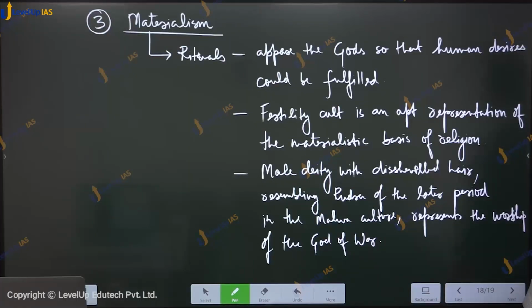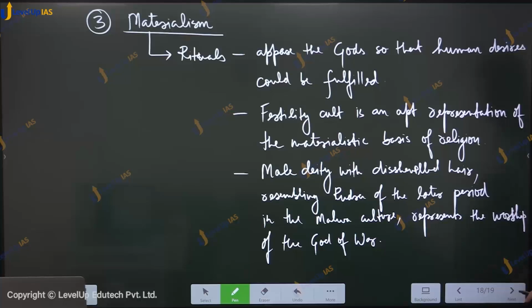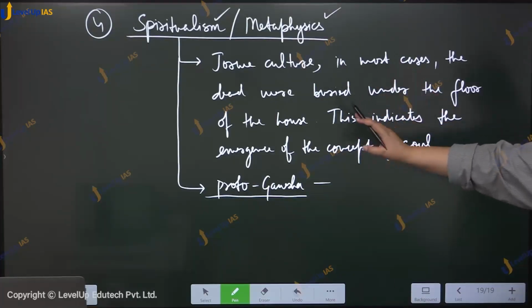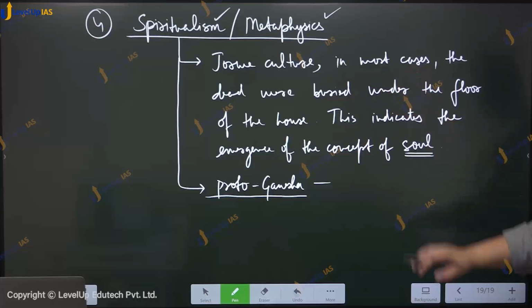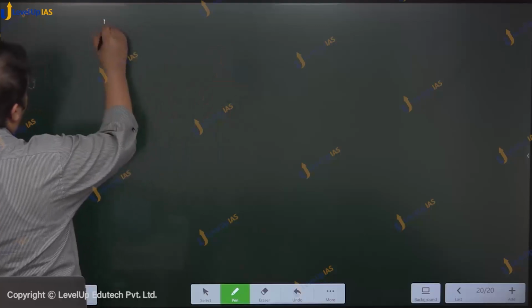तो इन वन सेंस हम क्या देख सकते हैं? दैट्स मटेरियलिज्म तो बेस प्रोवाइड कर रहा है, बट एट द सेम टाइम spiritualism or philosophical aspects of religion are also emerging, are also developing during this period. Next लिखो, number 5.